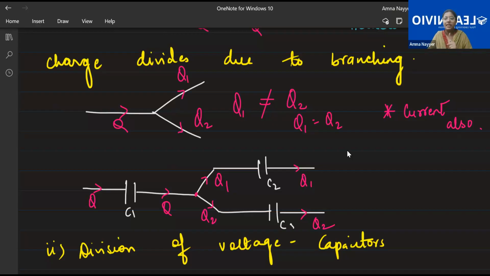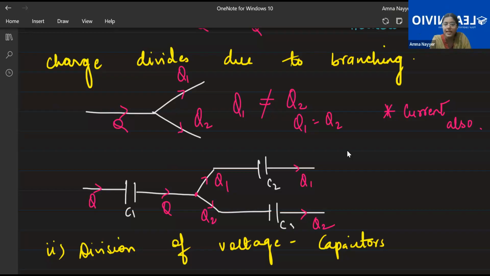Now understand, when the charges in capacitors or current in resistors remain the same, it is a series combination. Series combination is not just that you are putting capacitors or resistors in line with each other. You will have certain circuits where it will be very difficult to identify whether it's a series combination or a parallel combination.